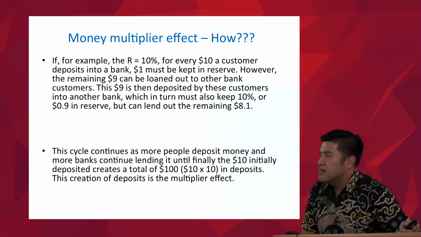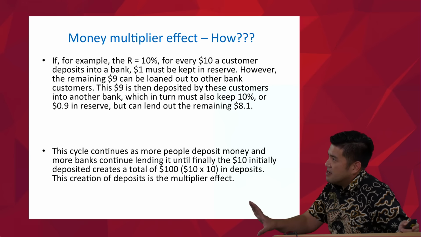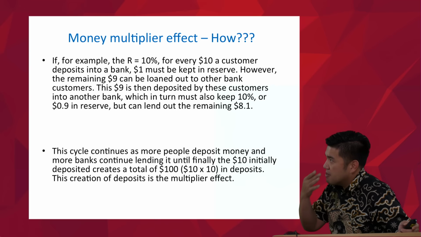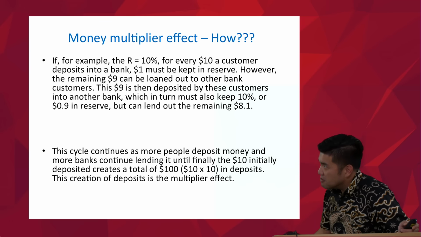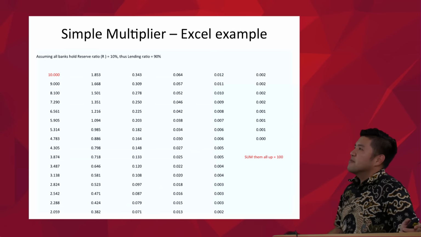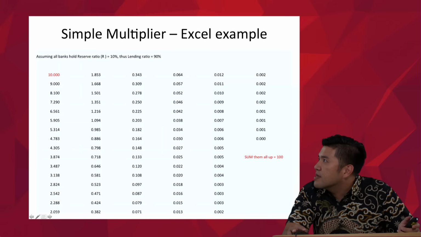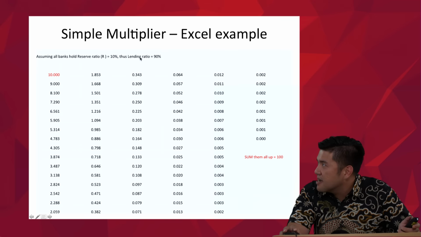And what I've done here, guys, to better clarify this money multiplier effect, is make this simple Excel spreadsheet. Assume all the banks are holding a 10% reserve ratio. That means the lending ratio is 90%, right?